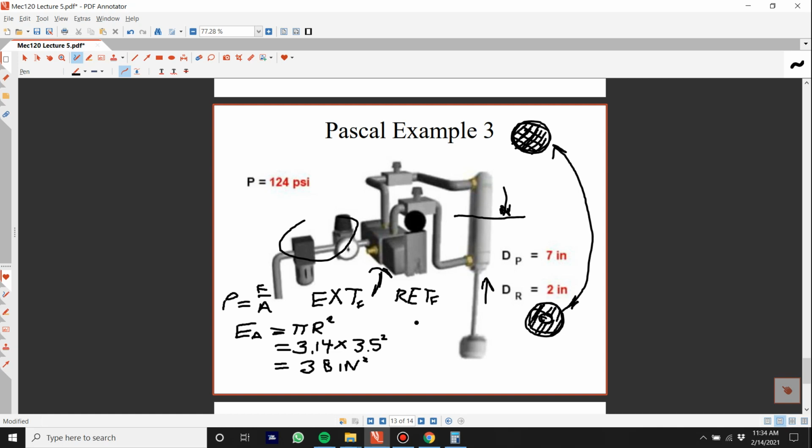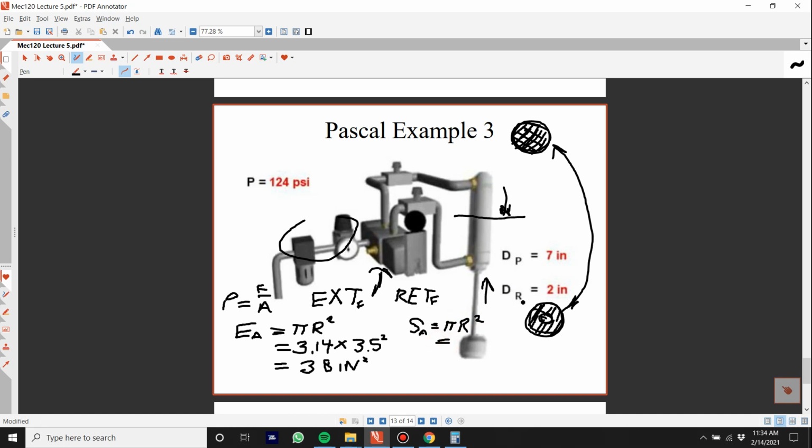Let's get the area of the shaft. Why did I write that? The extension area. Okay, so let's go shaft area. Is pi r squared. And we don't know that.